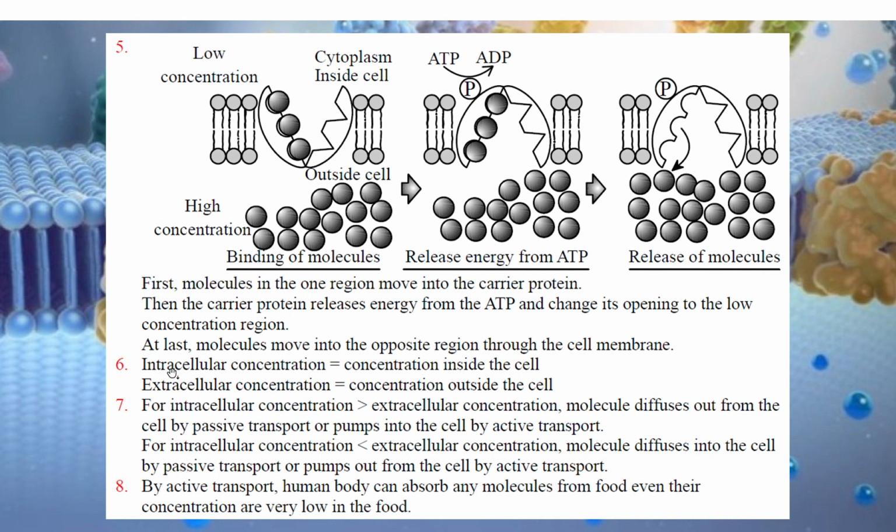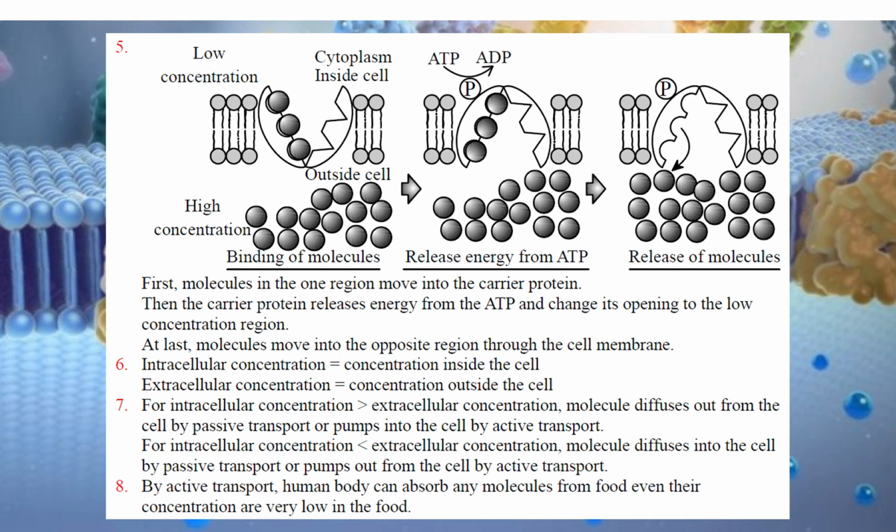So we have two terms: intracellular concentration and extracellular concentration. You don't know which one is intra and extra, right? So be careful. When the intracellular concentration is higher, diffusion will go from inside to outside, right? Passive transport. If you want to reverse it from outside to inside, then you need active transport.